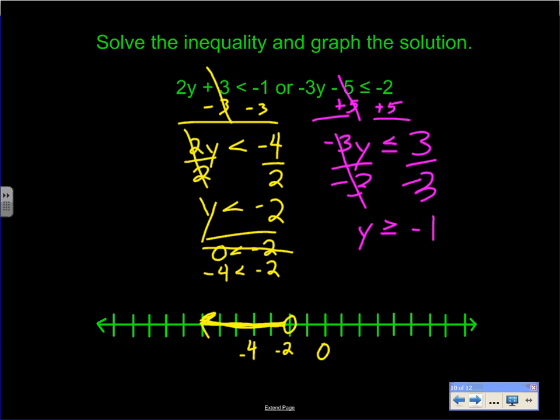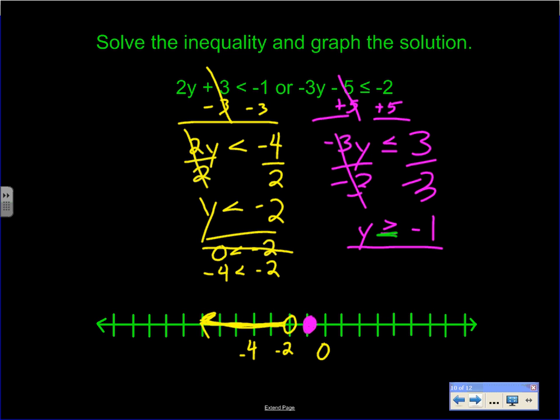Okay, on the right side, this is what we have. y is greater than or equal to negative 1. Whoa, looky there. We have an equal to sign. Greater than or equal to, which means that we close the dot.